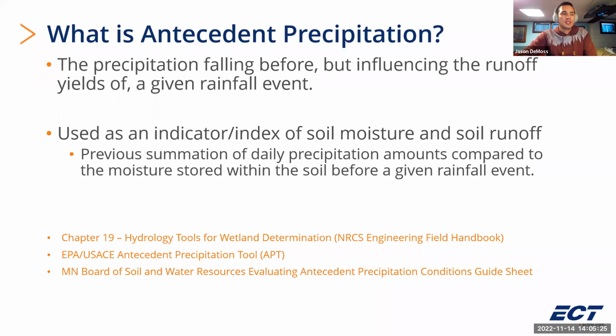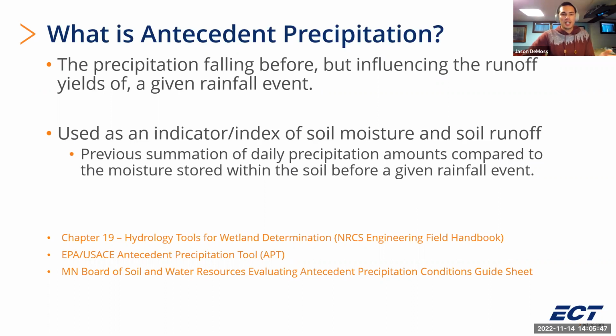It's typically used in calculations for things such as water budgets, runoff, meteorology, and if a drainage basin or watershed is considered wet before a storm, more rain is likely to run off, which would then lead to flooding. It's also used as an indicator for soil moisture and soil runoff.